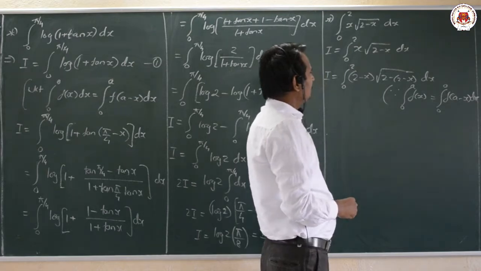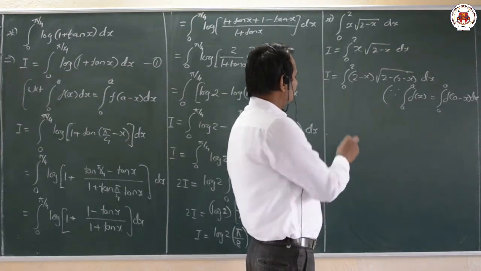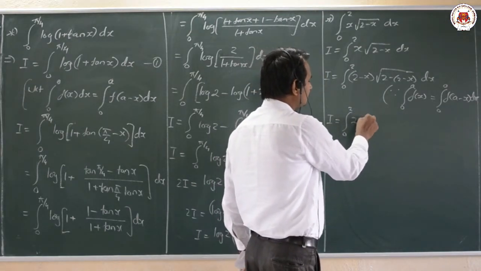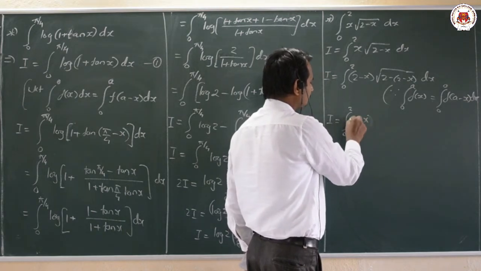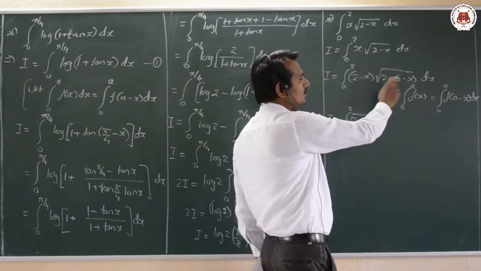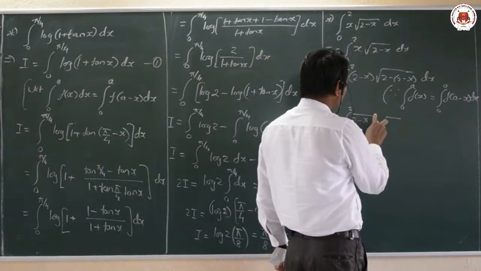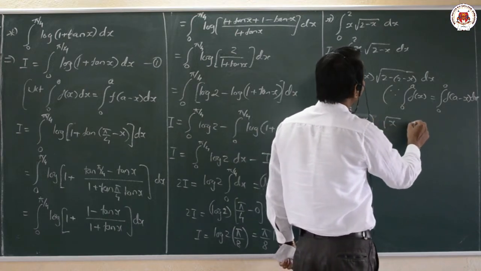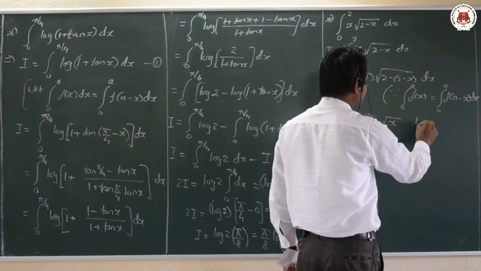Now I will substitute it. So I is equal to the integral from 0 to 2 of 2 minus x, where the 2 gets eliminated, and the remaining part is, it is not root here, it is bracket, root x, into dx.